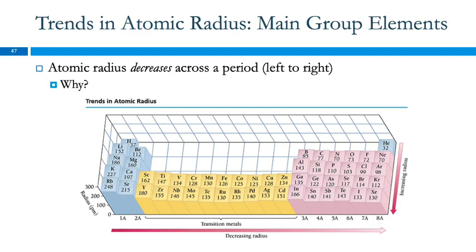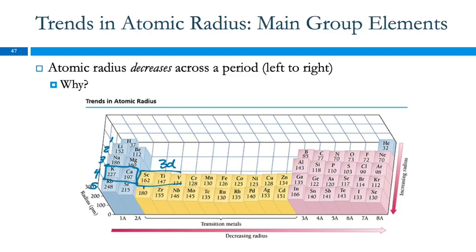This would be 1, 2, 3, 4, 5 periods. So these are the 4s electrons, and here we imagine adding in 3d electrons. So chromium has more 3d electrons than scandium. Copper has more 3d electrons than vanadium.